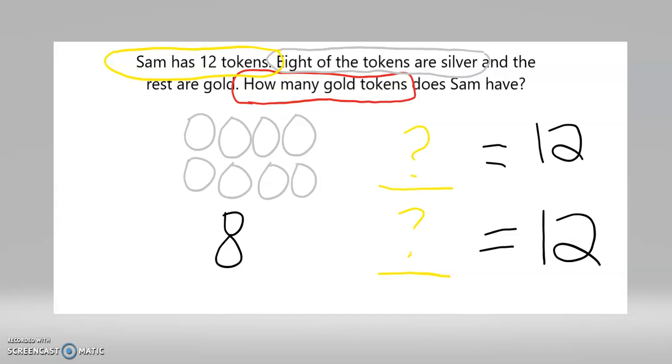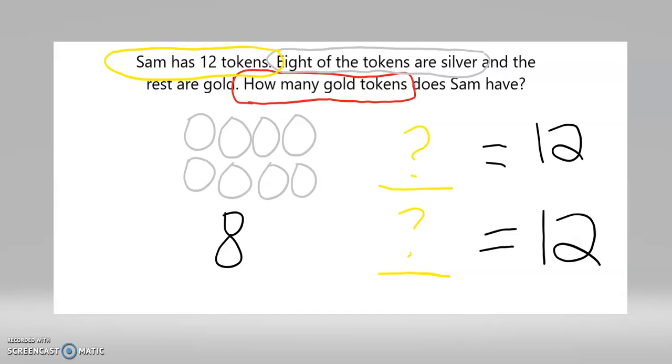Well, we can use different strategies here. Again, we have our total of 12, and we know that we already have 8 silver tokens. So this is one of those times where we can actually do addition to find out the answer, or we can use subtraction. So we're going to go ahead first and give it a try with some addition.